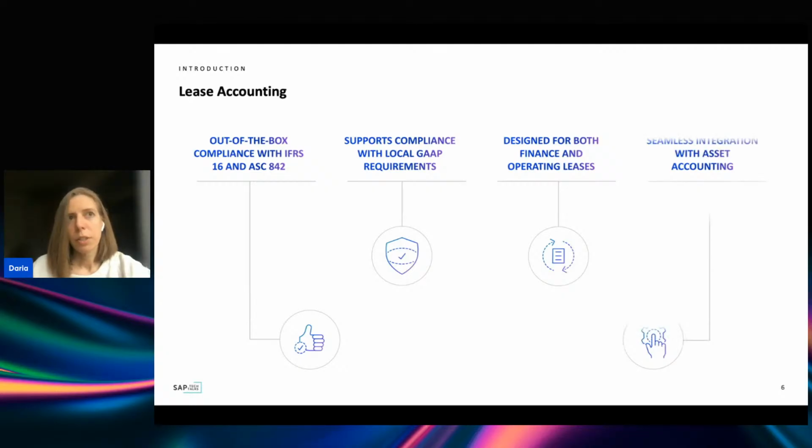What else do we need to highlight here? There is very easy integration with SAP asset accounting, because, as you know, when we talk about lease standards, we usually have lease liabilities on one hand and right-of-use assets on the other hand.